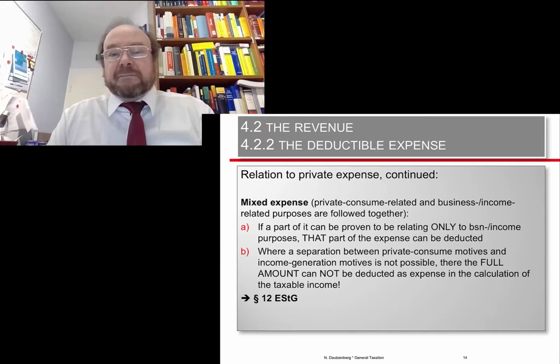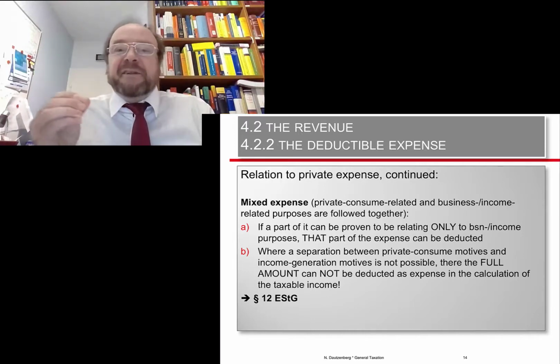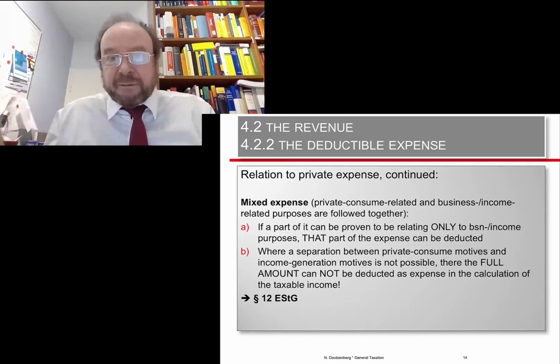Now, the idea is the generosity, that we don't ask for necessity, that we don't ask for success. That can only be afforded and risked if there is a strict ban on everything which might have a private consume motive, because that would be the things where you are in doubt if they are really income related.